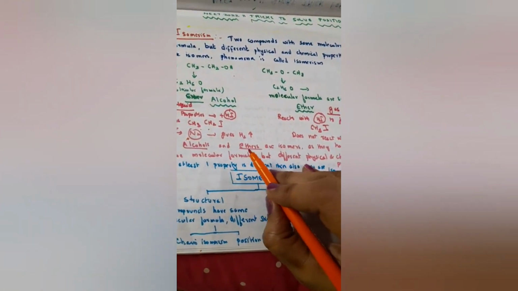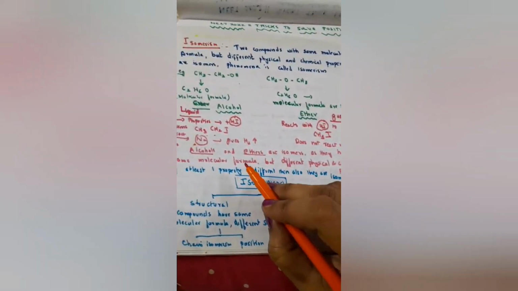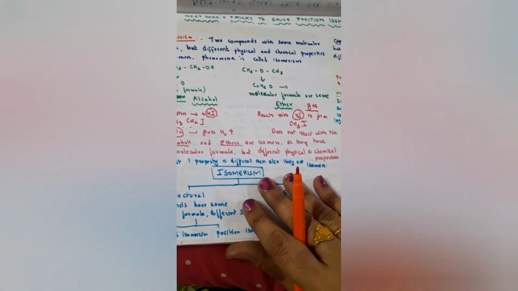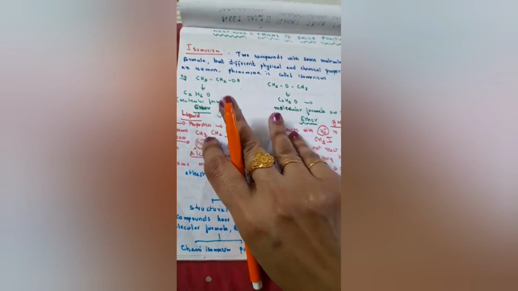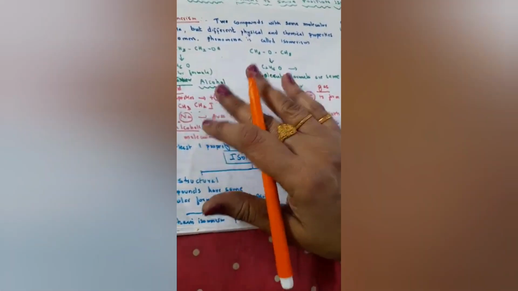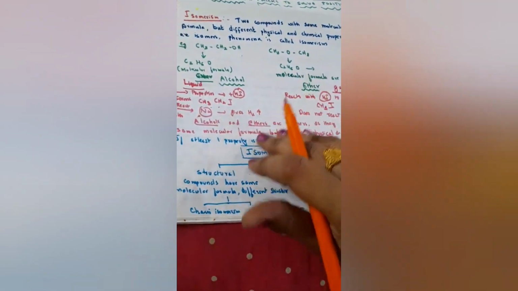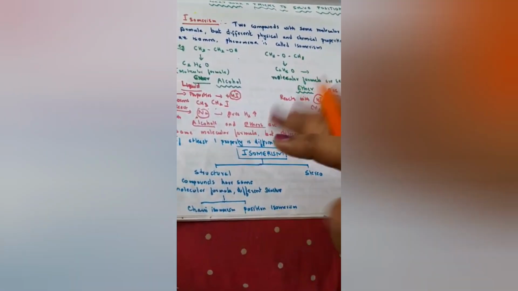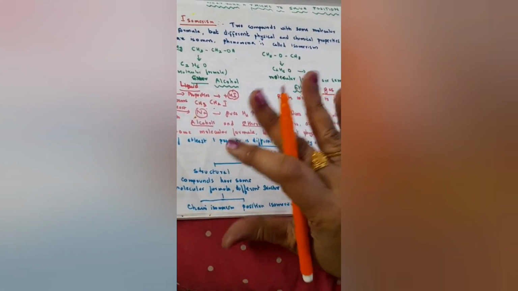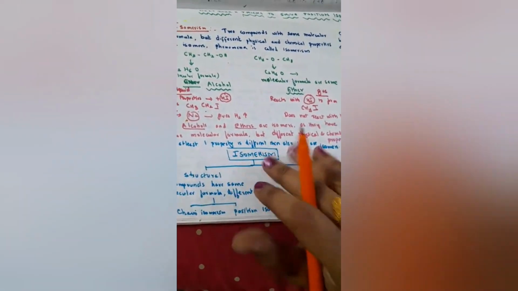Both alcohol and ether are isomers, since the molecular formulas are the same, but physical and chemical properties are different. So in a nutshell, taking alcohol and ether as an example, we understood what isomerism actually means. If at least one property is different, then also we call them isomers.